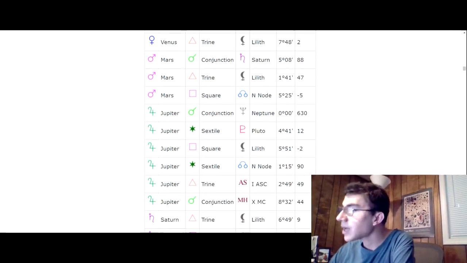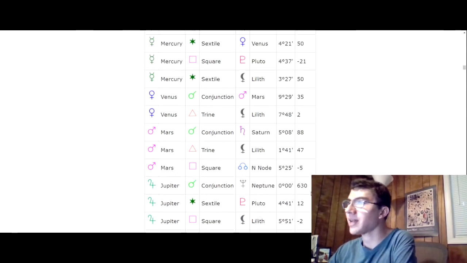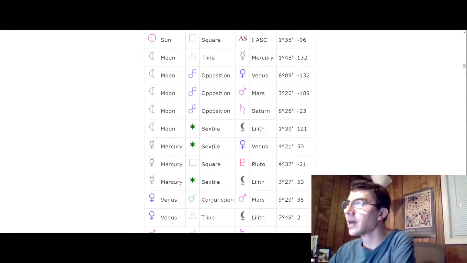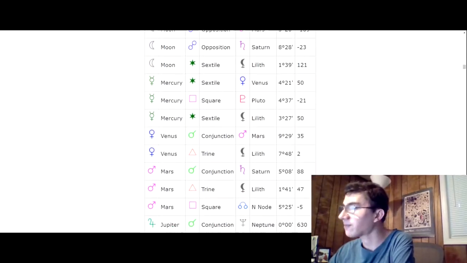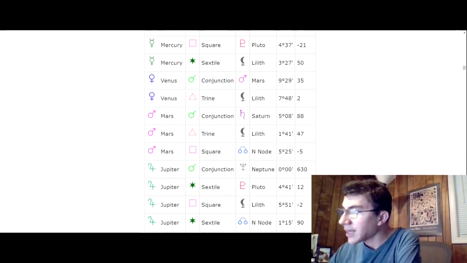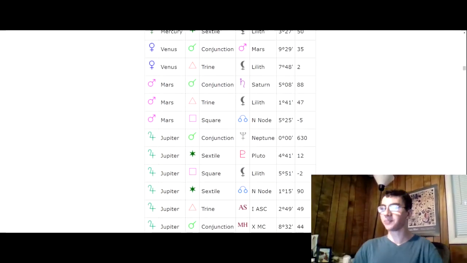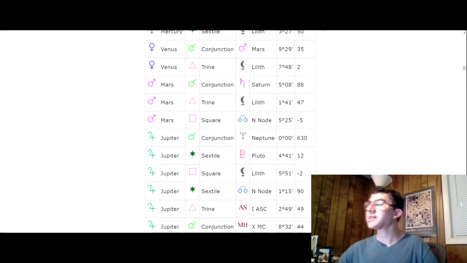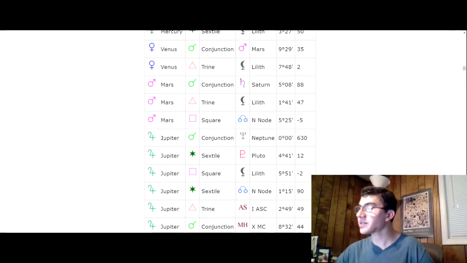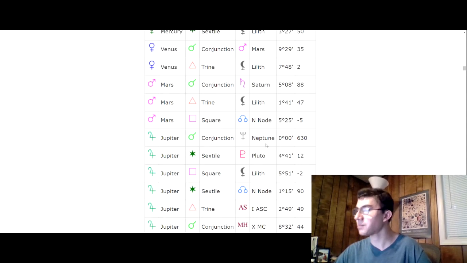So we have Jupiter conjunct Neptune. And if we look at the date, this chart is set for April 12th, 2022. And so you can see Jupiter and the glyph for conjunction, Neptune.